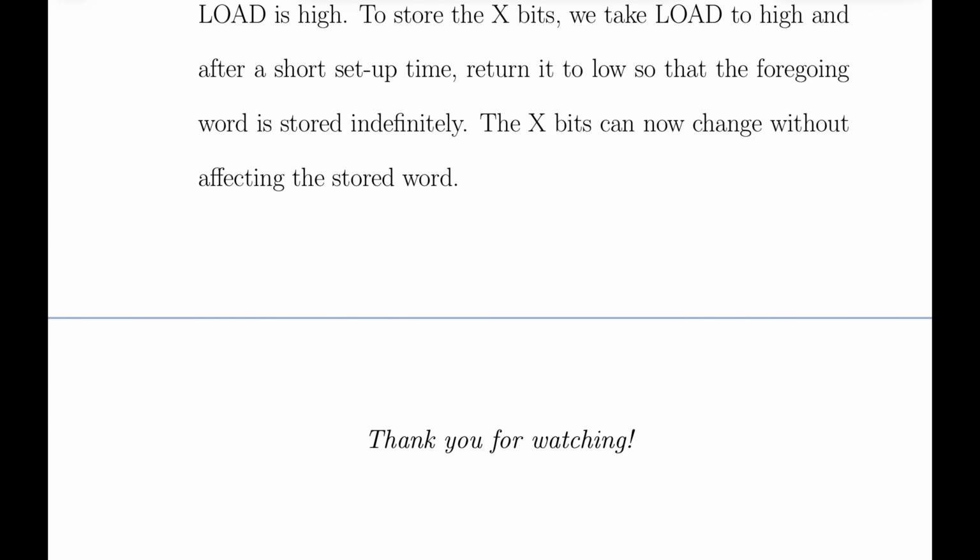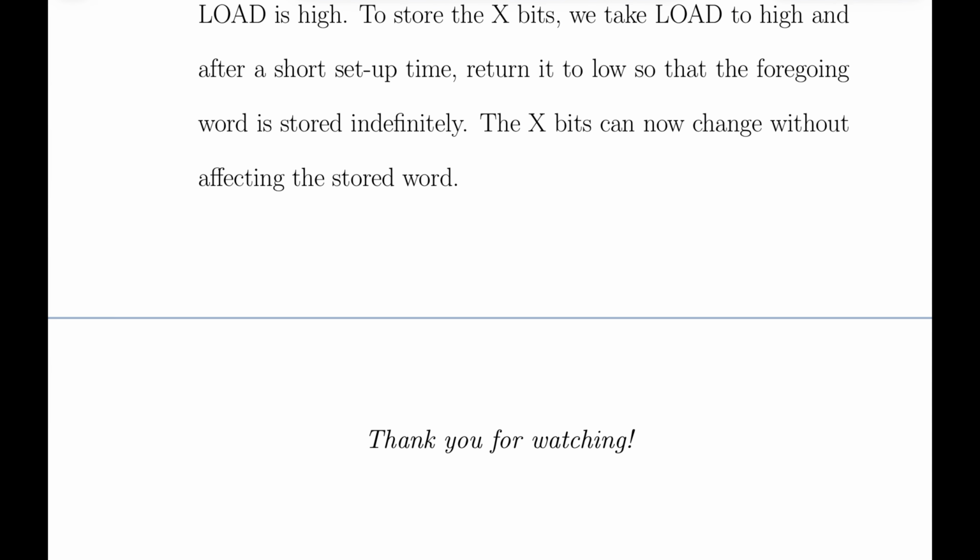Okay. So this is all about the buffer register and the control buffer register. What is the difference between the two? In the control buffer register, we can change the output only when we want, only when the load is high. Then only the output will change.